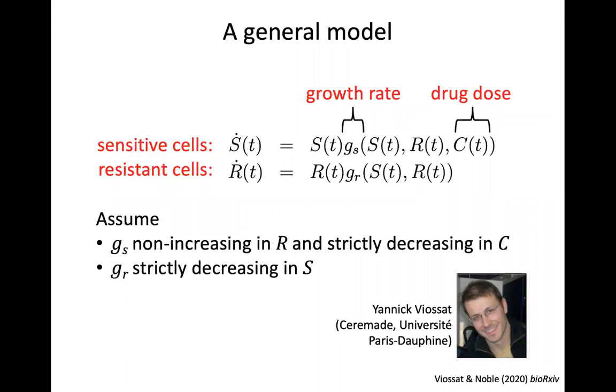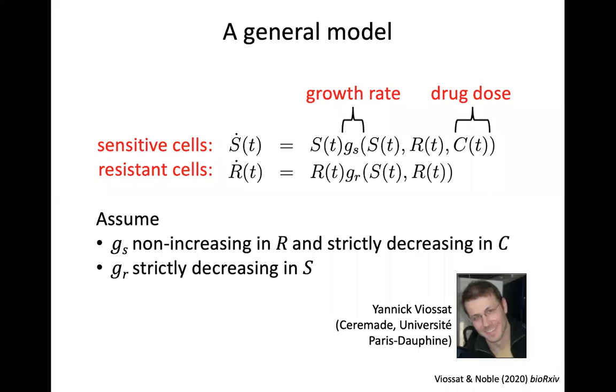If we have this assumption that the growth rate of resistant cells is strictly decreasing in the population of sensitive cells, then our best strategy is to maintain as many sensitive cells as possible so that we maximally suppress the resistant cells. I think this is expressed better in the preprint. We have a section on just this mathematical intuition, but that's the basic idea.